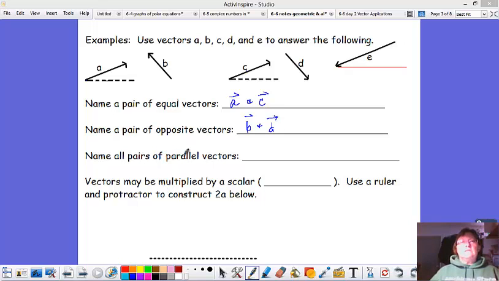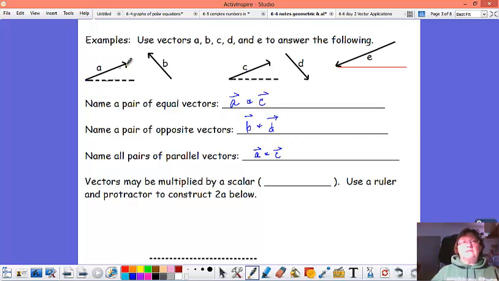We're naming all the parallel vectors, and I would remind you that parallel vectors have to be going exactly in the same direction. And I would ask you to think, how many pairs of vectors do you see there that are going exactly in the same direction? I hope that you're saying only one, okay? Because vectors A and C are parallel.